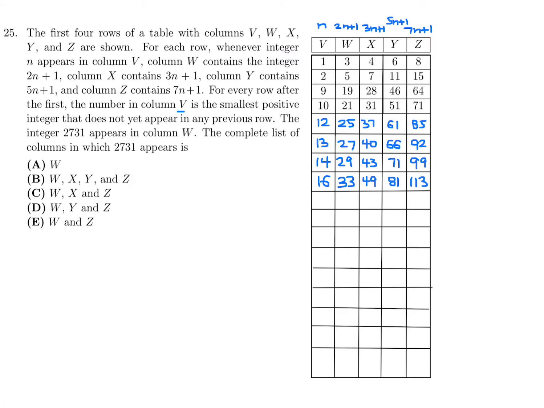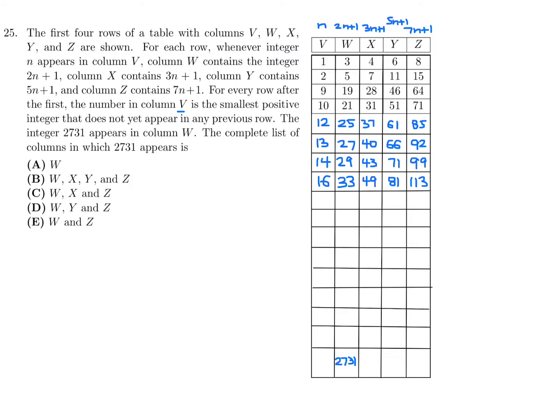Okay, so now we get into this whole 2731 business. They're saying it appears in column W. Okay, so somewhere 2731 appears in this column. All right, so if it does, that means I can easily figure out what is n.